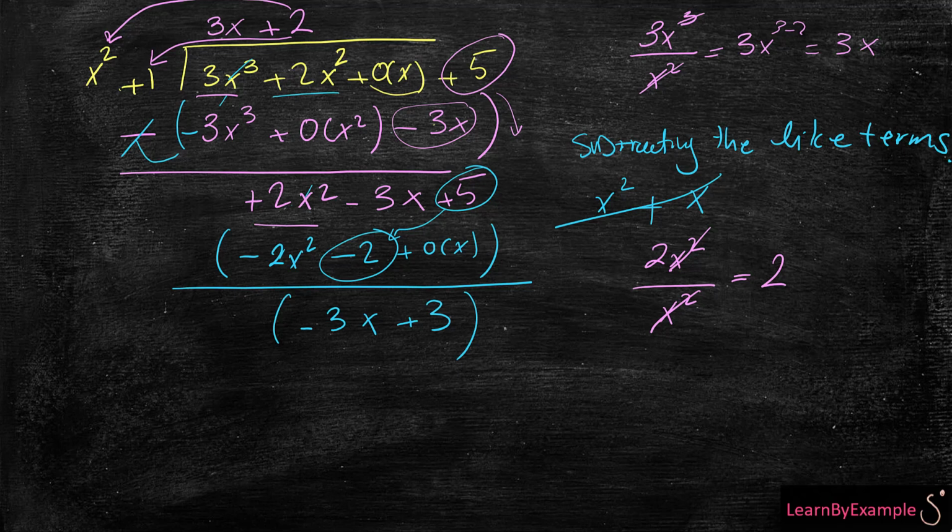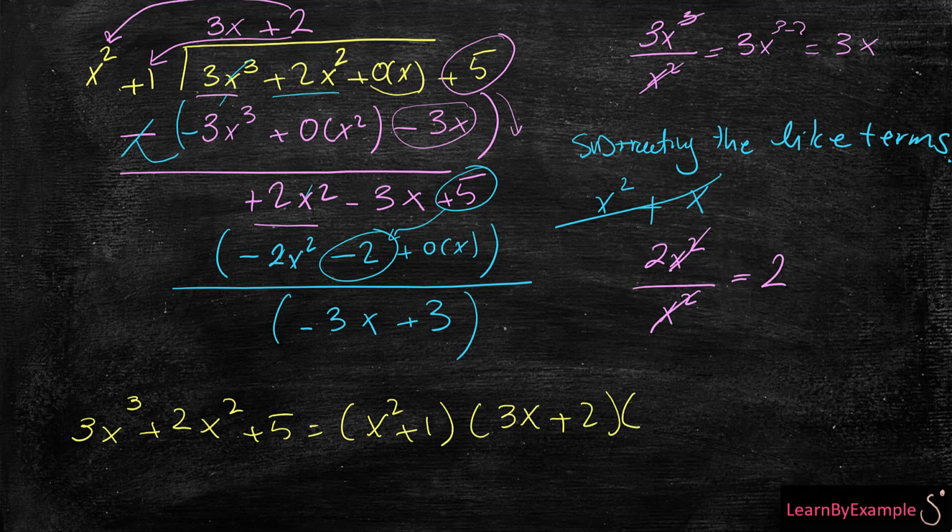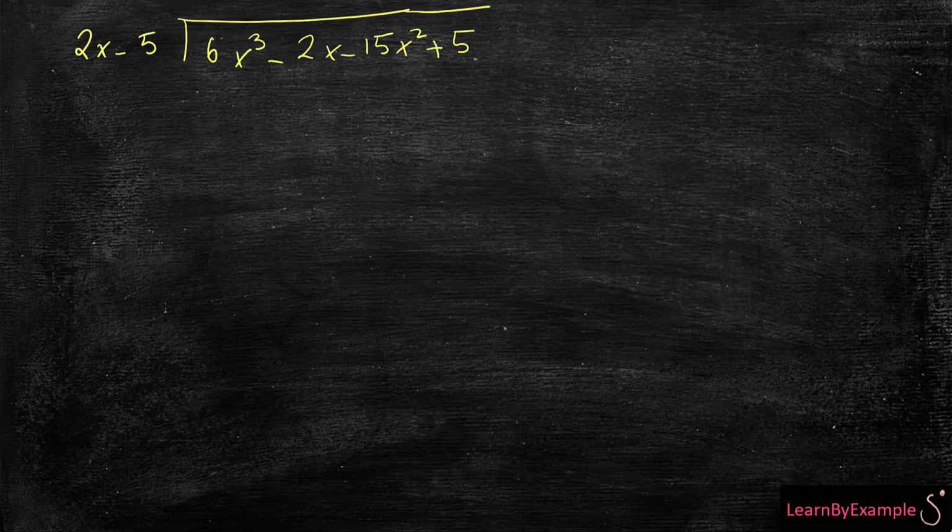Therefore, if I were to rewrite this, I could write it as 3x cubed plus 2x squared plus 5 is just x squared plus 1 times 3x plus 2 times plus, and what I can do, I can just factor out a 3 here, plus 3, 1 minus x.